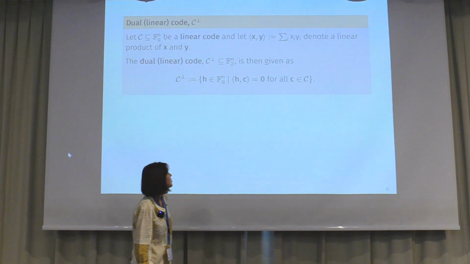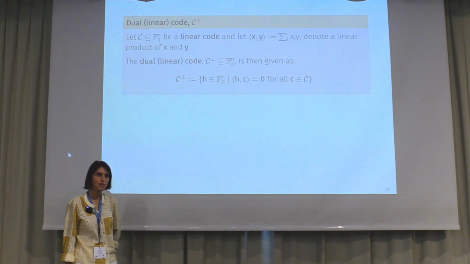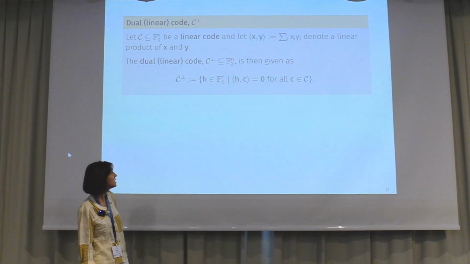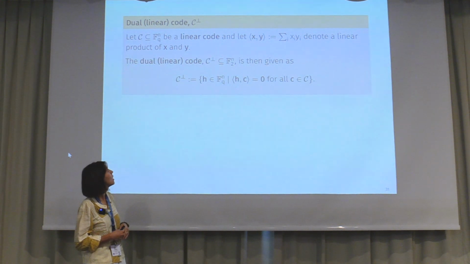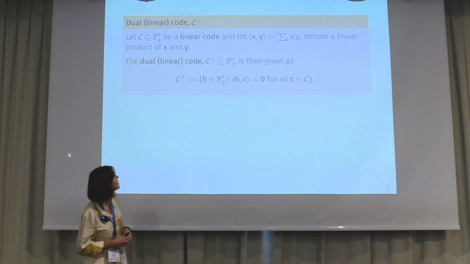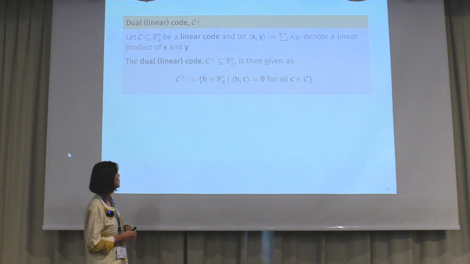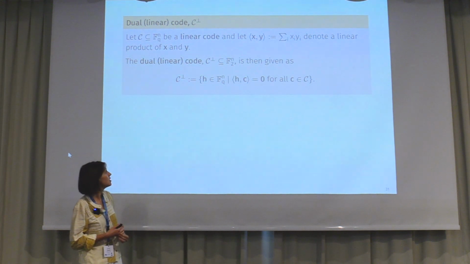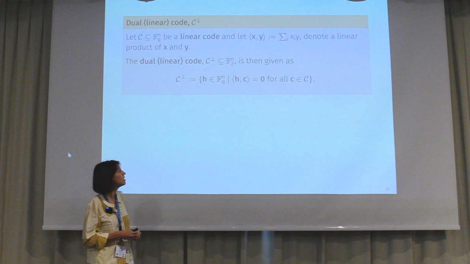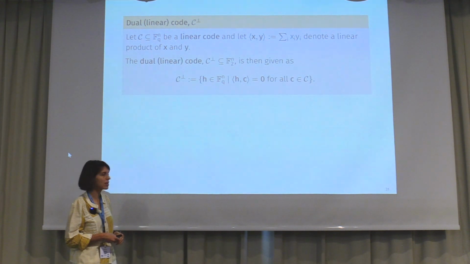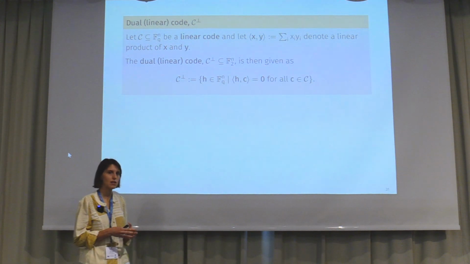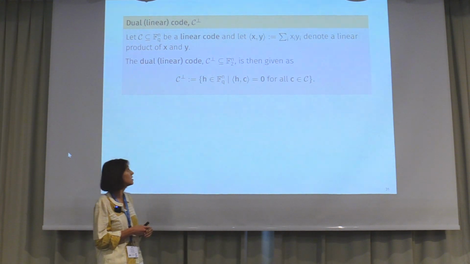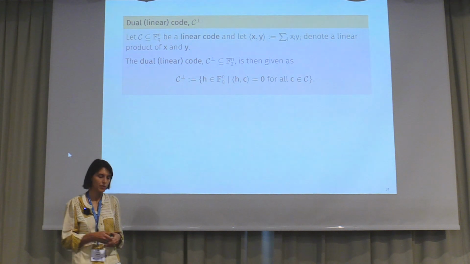And so let's start with what is actually a dual code. If we are given a linear code C, and we denote by these brackets the inner product between x and y, then the dual code that we denote by C perp is given as all vectors h in F_q^n whose inner product with the code words gives you 0.